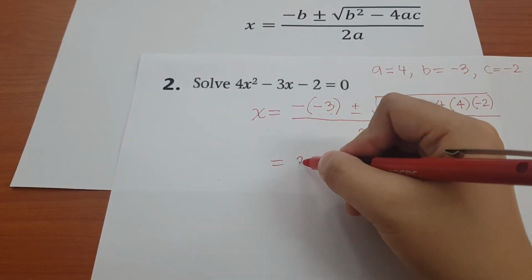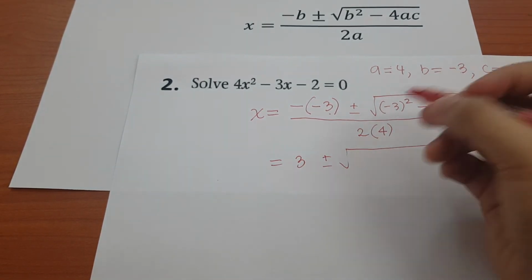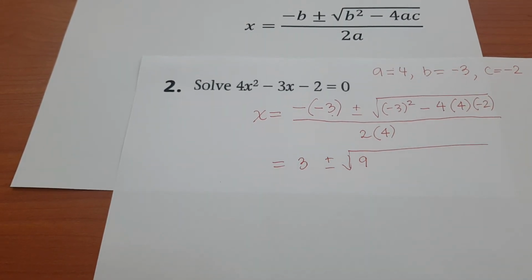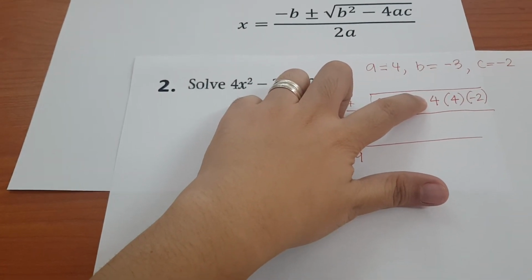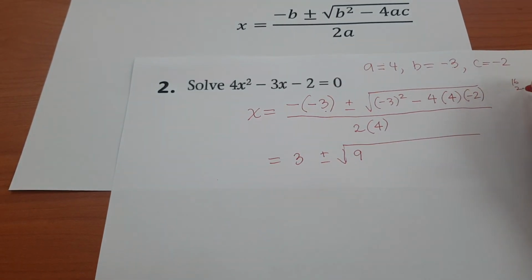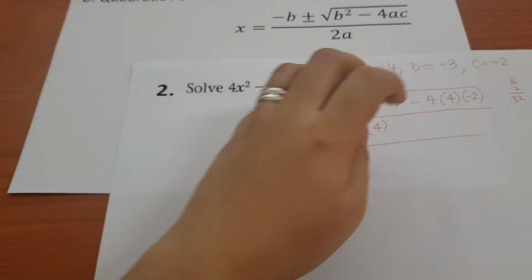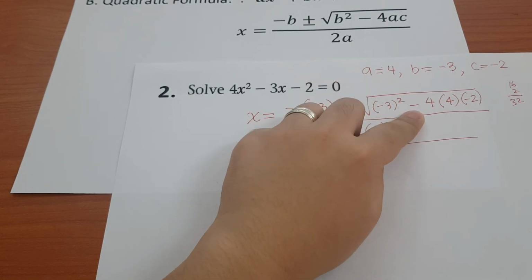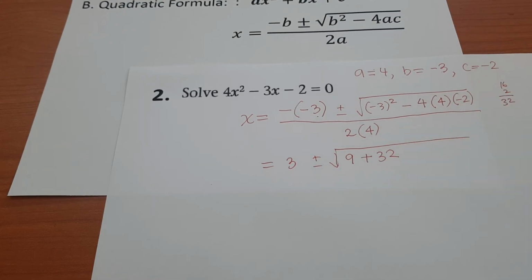Minus and minus is positive 3. Minus 3 squared is minus 3 times minus 3, which is 9. 4 times 4 is 16, and 16 times 2 is 32. So 16 times minus 2 is minus 32, and the other minus 2 here will give you plus 32.